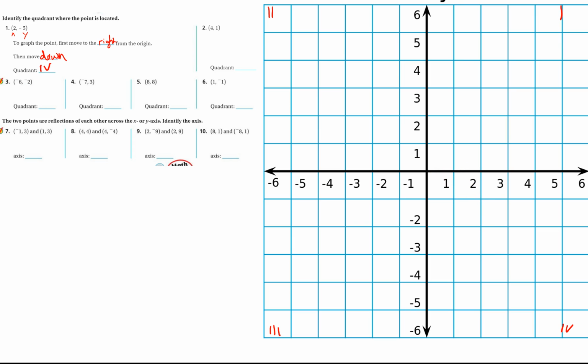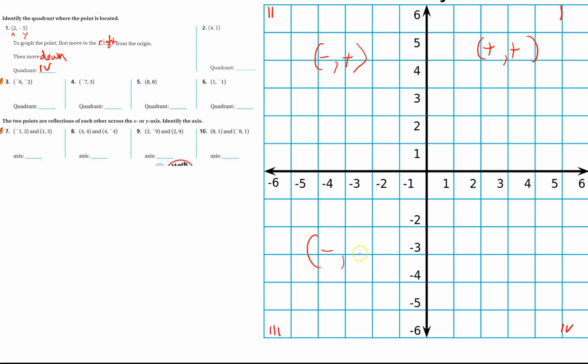And you can go back to the previous page where you took your notes and see, remember, anything in quadrant 1 is going to be positive, positive. Anything in quadrant 2 is going to be -x because you got to move to the left first and then positive. Quadrant 3, we have all negatives.